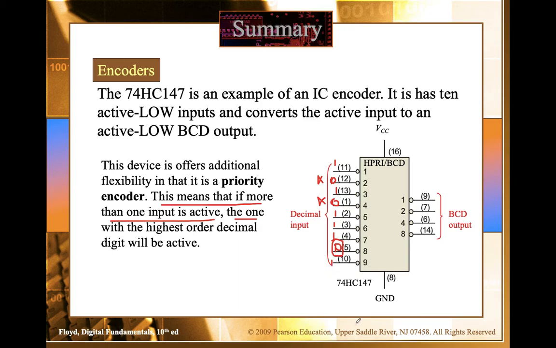We're saying these three are active, so they have 0 on them. Which one will be chosen? The highest order decimal digit will be chosen, because 8 is the highest order. It was 4, 2, and 8. So this will be chosen, and this will be encoded.